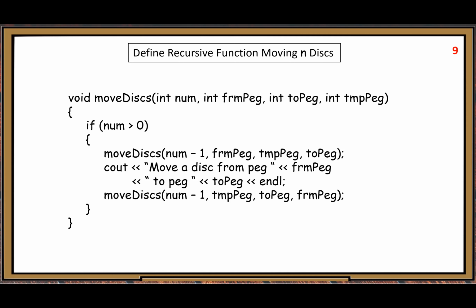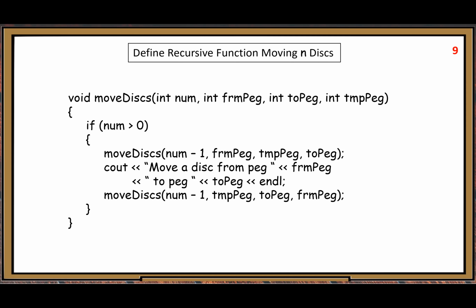From the starting peg to the temporary peg, with the destination as the second parameter and the temporary, third peg variable as the parameter. The temporary peg is used as the third one. After that, when we move the bottom disk, how do you simulate the disk moving?